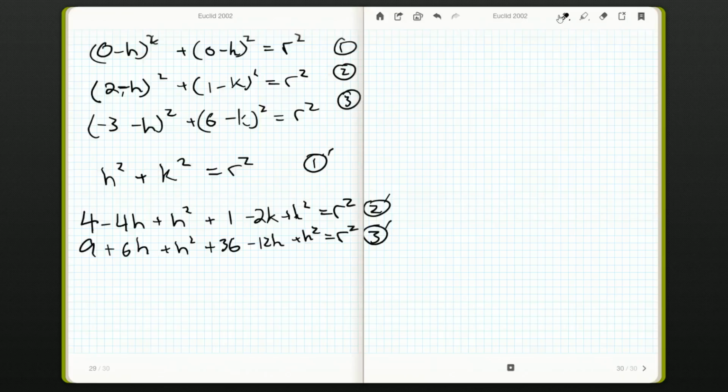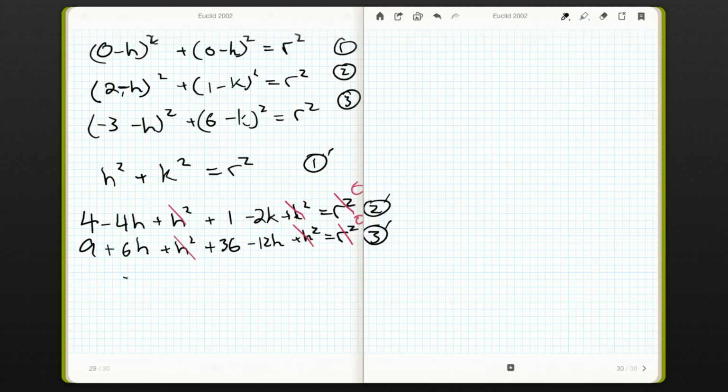Now something we can do is, using equation 1, we know that h squared plus k squared is equal to r squared. So h squared plus k squared, that's the same as r squared, so we'll get a 0 over here. And let's simplify.